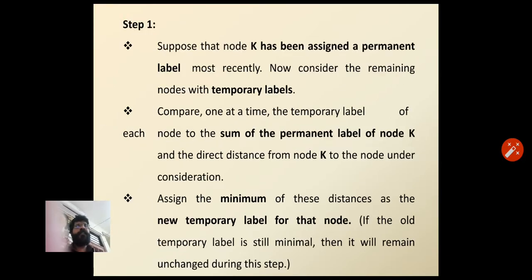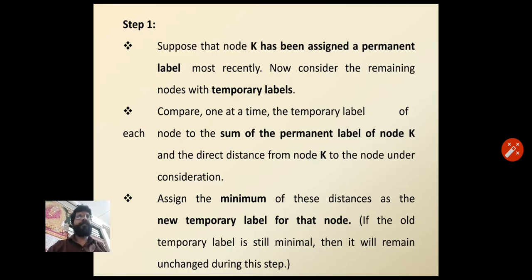Again, step 4. Suppose we have assigned a node k a permanent label most recently. Now consider all remaining nodes as having temporary labels.